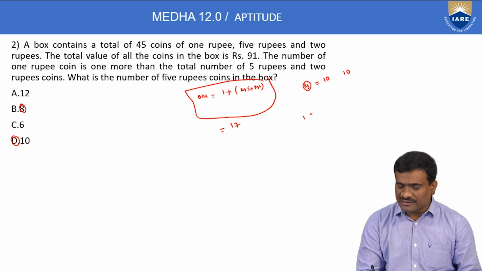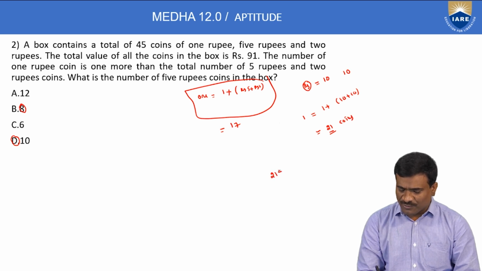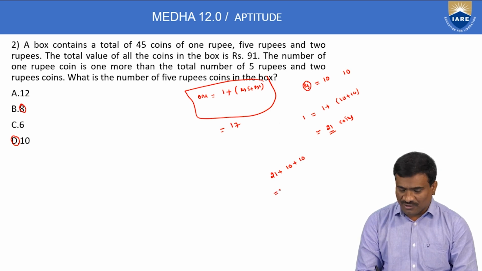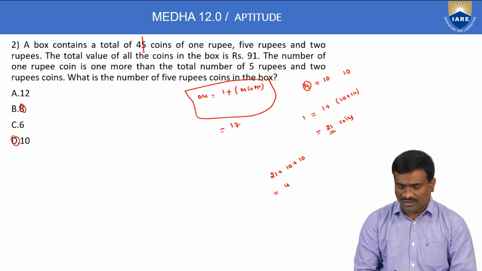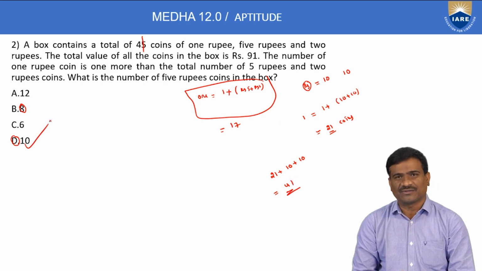Then 1 rupee coins is 1 plus 10 plus 10, so 1 rupee coins is 21 coins. Total number of coins: 1 rupee coins 21, 5 rupee coins 10, 2 rupee coins also 10, which gives 41, not 45.